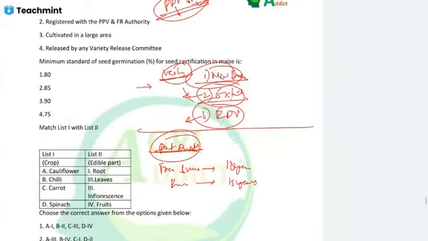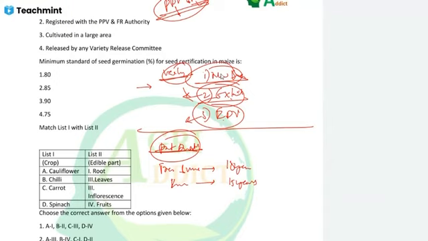So the next question is about the minimum standard for seed germination for seed certification in maize. Can anyone just tell me what is the answer for this question? Okay, 90. Very good. I hope you have all remembered the seed germination percentage, isolation distance, and everything.